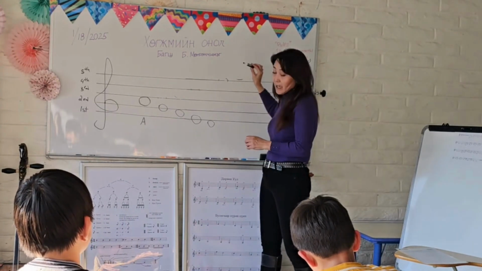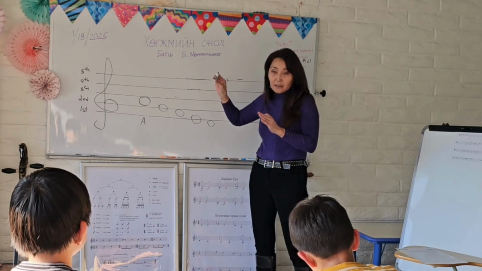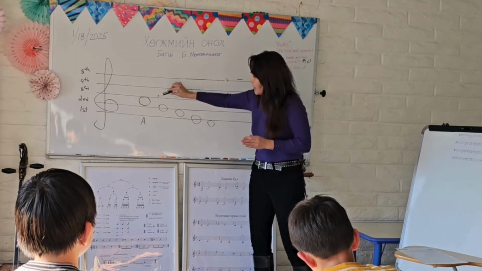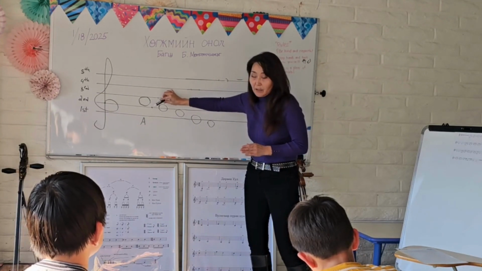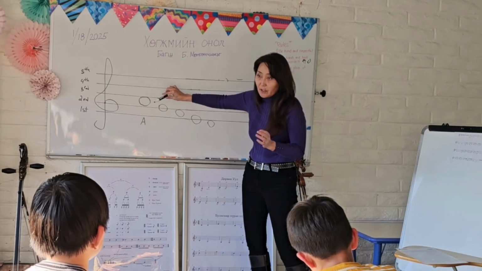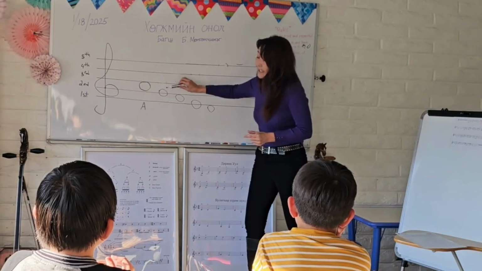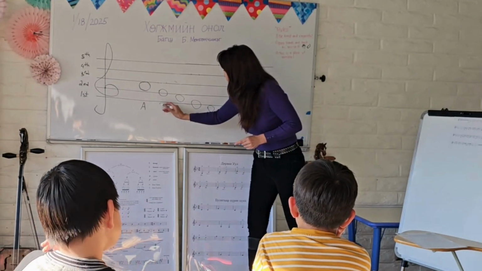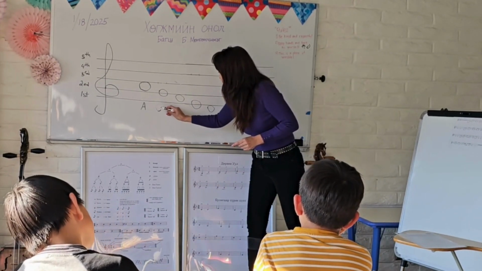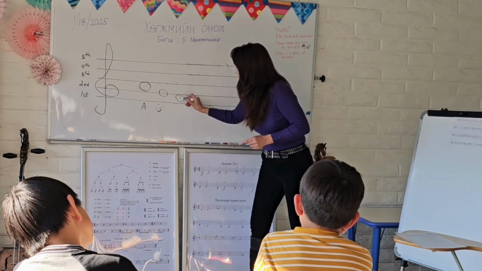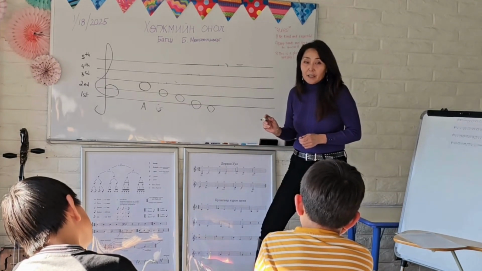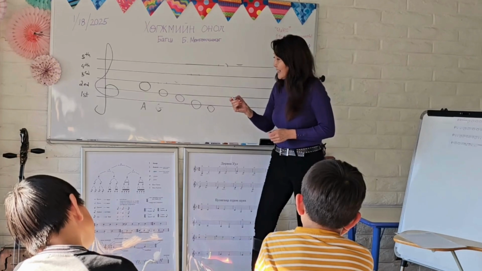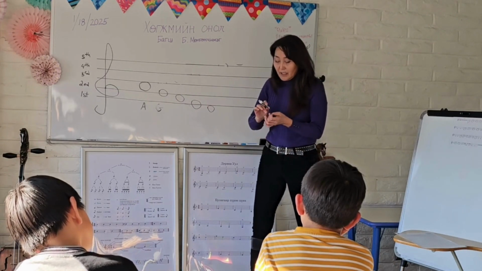It all goes up to G, from A to G, so now from A we're going down, backwards, in other words. What will be this one? Yes, this is G. We're going down, backwards, so this will be G. What will be this? A, B, C, D, E, F, G.